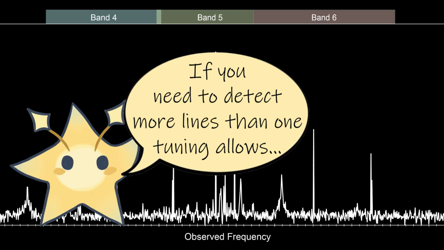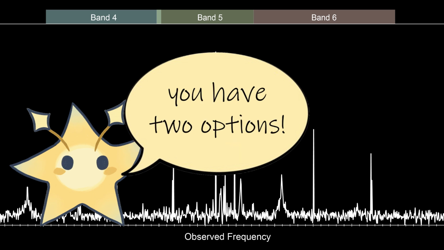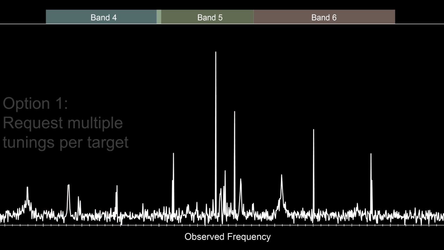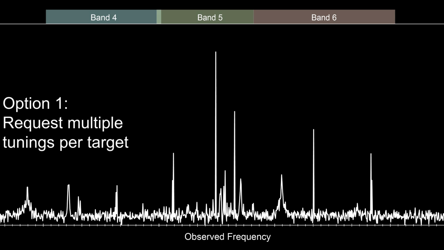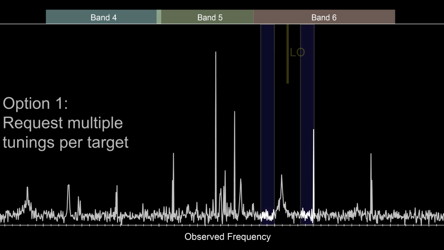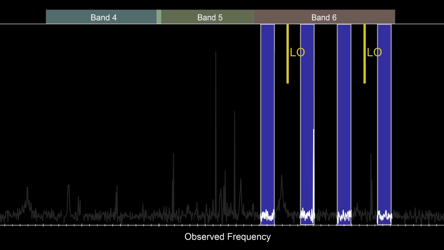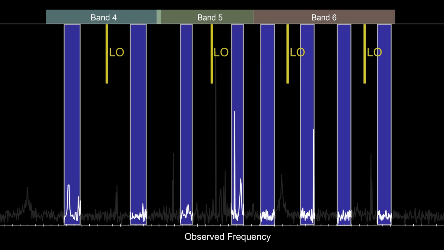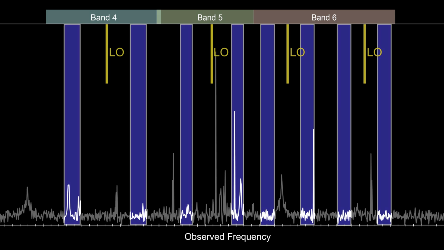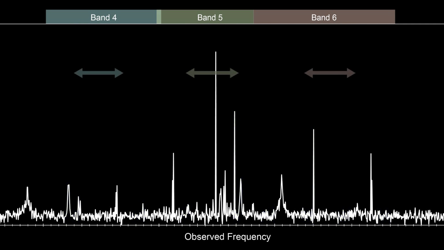If your science case needs to detect more spectral lines than a single tuning can provide, you have 2 options. The first is to request multiple tunings per target, which might be useful if, for instance, you want to observe at both the lower frequency end and the higher frequency end of band 6, or with multiple receiver bands. A second option exists if you want to fill in most or all of the frequency space over a wide range of frequencies within a single receiver band.